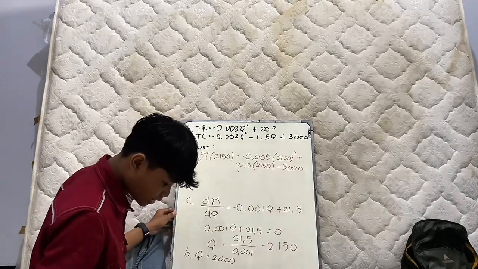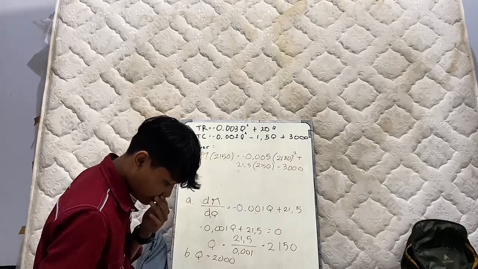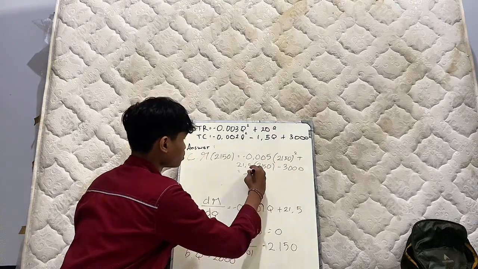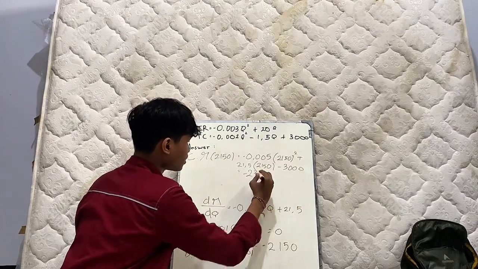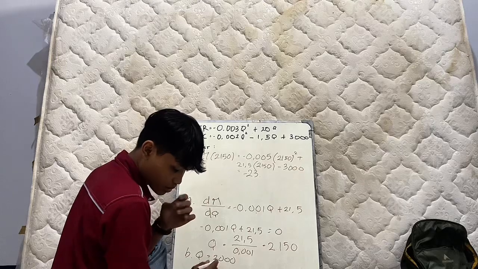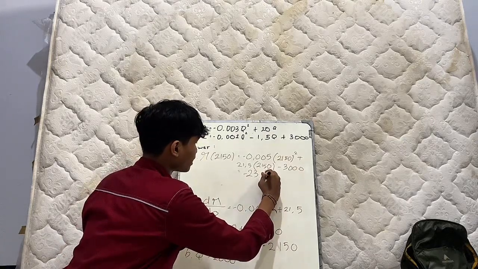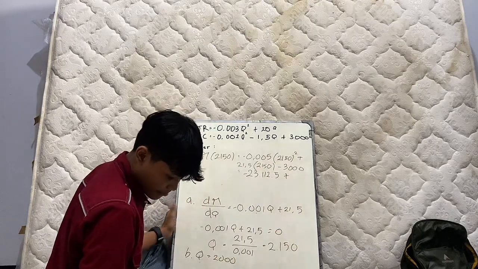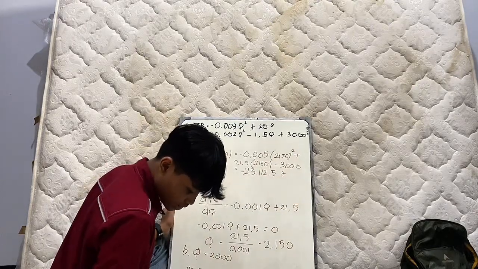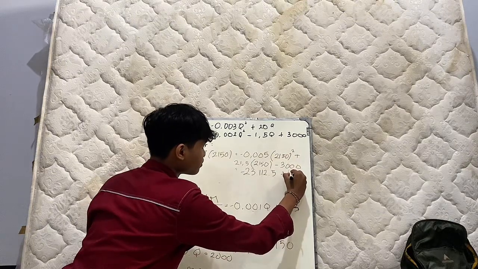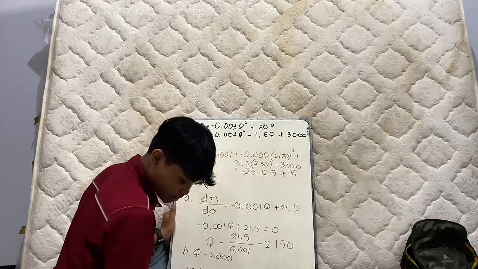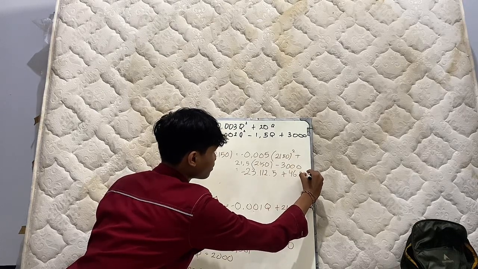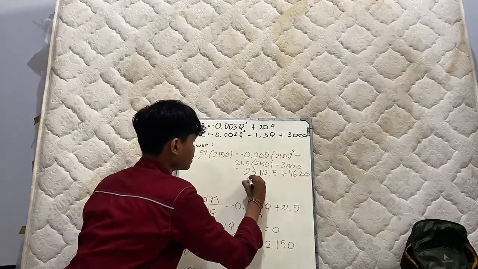So the answer is minus 23,112.5 plus 46,225 minus 2,000.